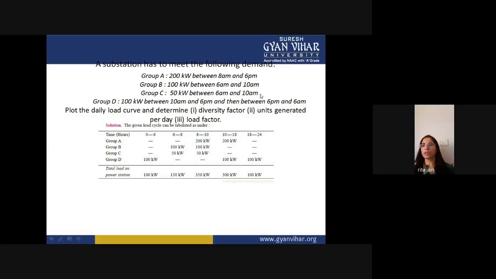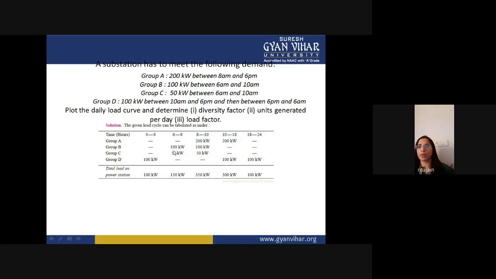Okay. So these are only morning load which is required from 6 a.m. to 10 a.m., means 6 to 8 and 8 to 10. Okay. So you can see that 6 to 8 and 8 to 10 you required group B and group C required power, but group A required power from 8 to evening 6 p.m.